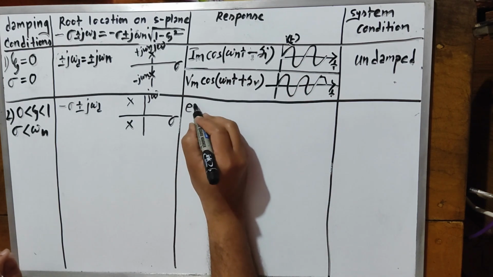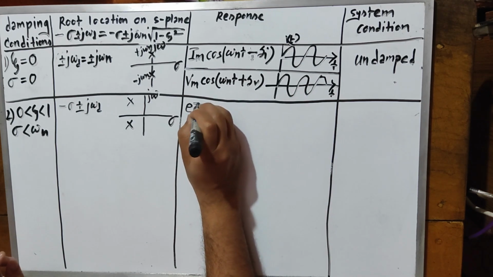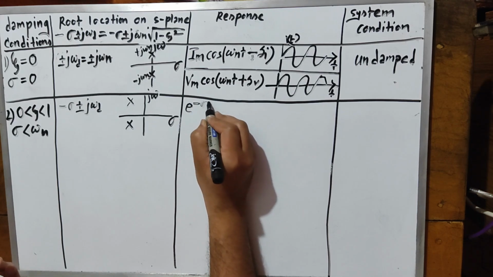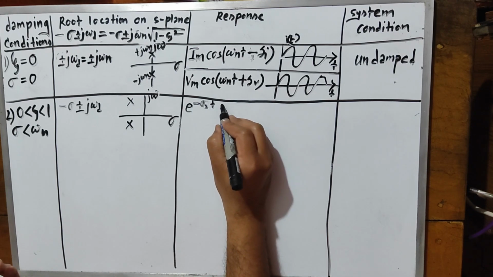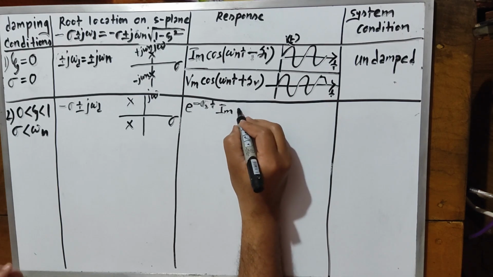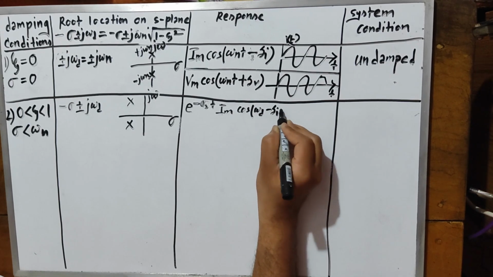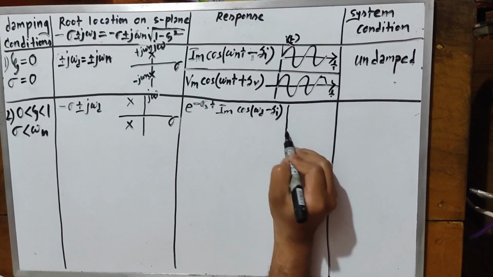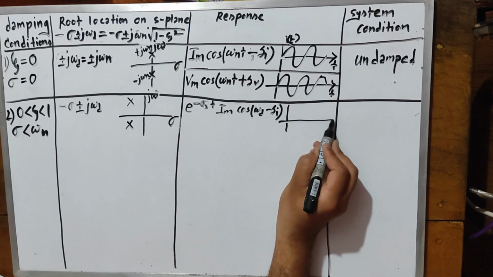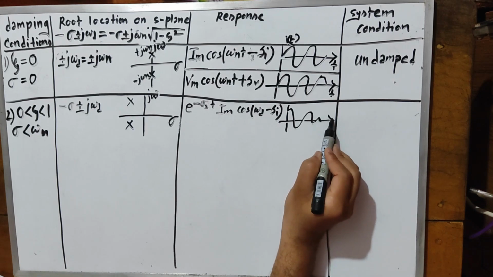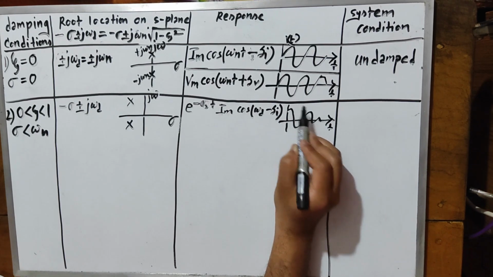So, e to the power minus sigma t, for the series RLC circuit the current response is Im cos(omega d t minus delta I). This is the response in the time domain, mind you.